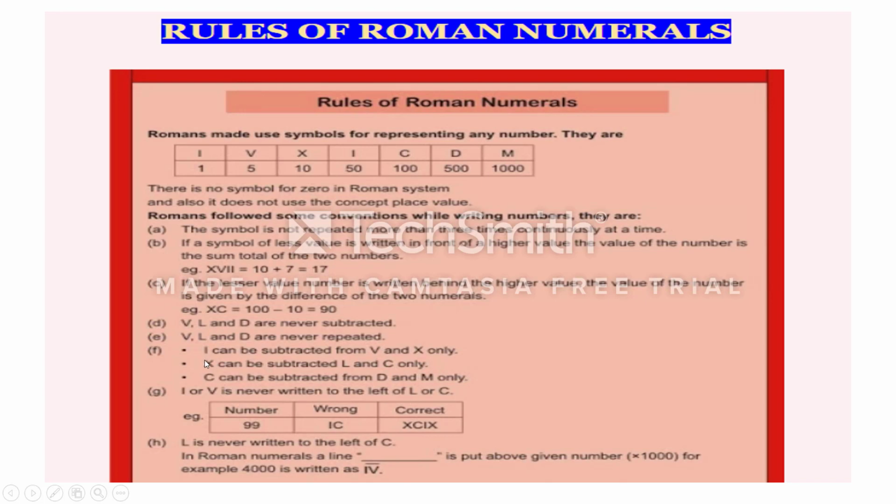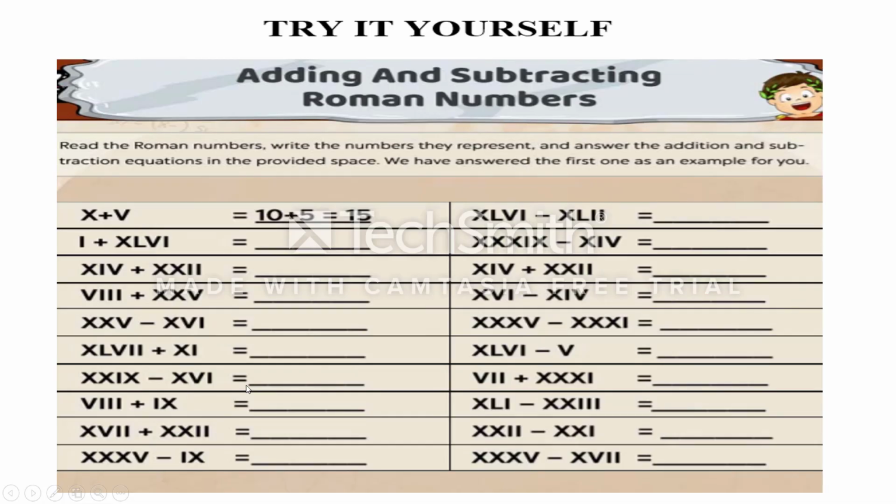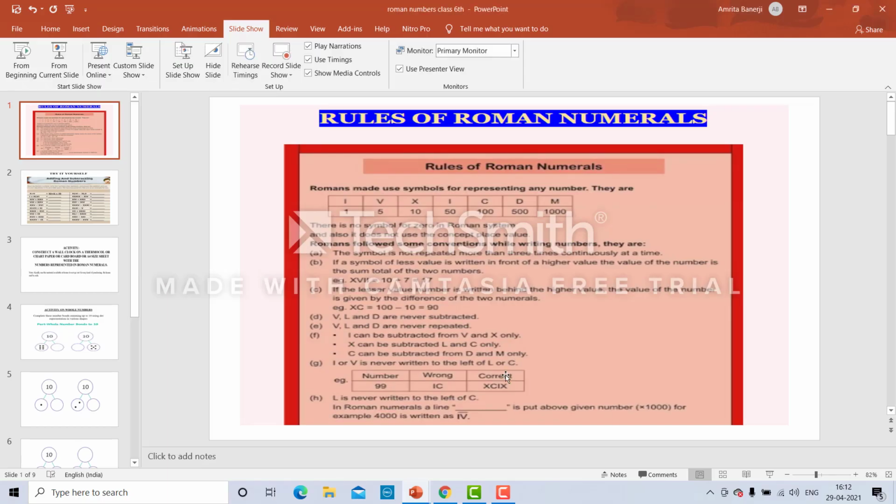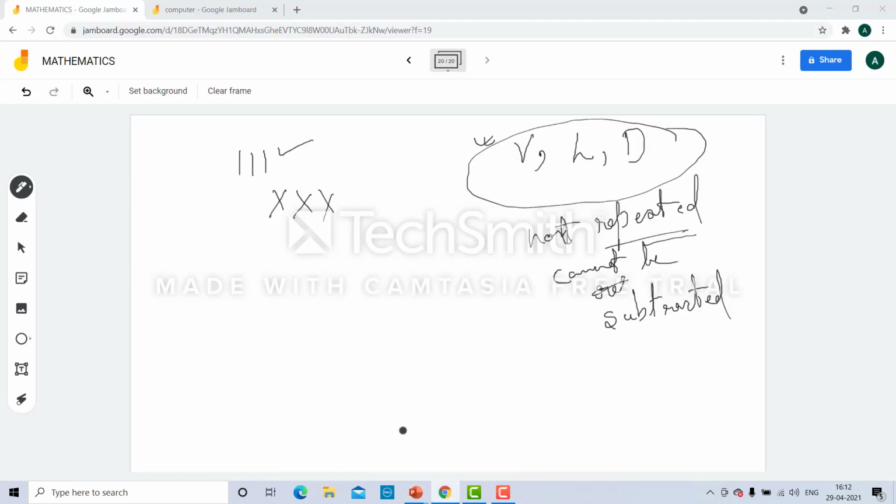Only X, that means 10, can be subtracted from L and C. I can write XL. X is your 10 and L is your 50, so it is written on the left side. So 50 minus 10 is your 40. Or XC. I will just show you children. If I write XC, C is your 100 and X is your 10, so this means 90.